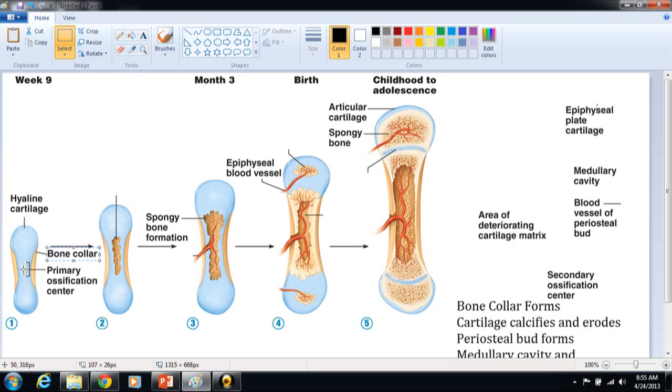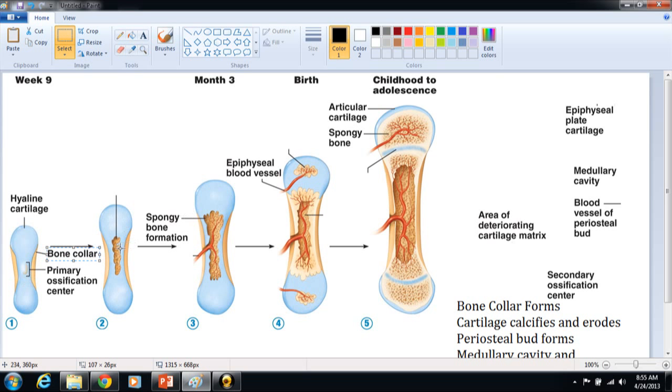Okay, and as the cartilage grows, the different ossification centers happen as well. So the first step, the main thing, is the bone collar is formed over the hyaline cartilage precursor to the bone.